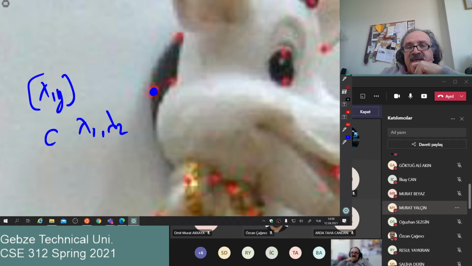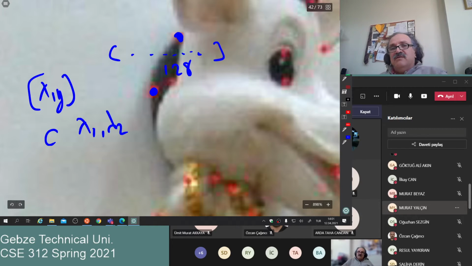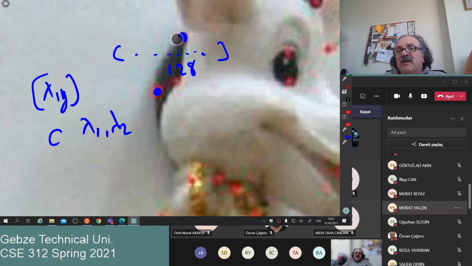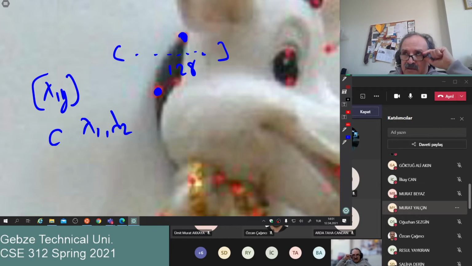SIFT descriptor says that I will give you the interest point, for example, this one, and also I will give you a 128 dimensional vector. That 128 dimensional vector will represent that point. If you like to compare this point with other points in the other image, compare these 2 vectors.